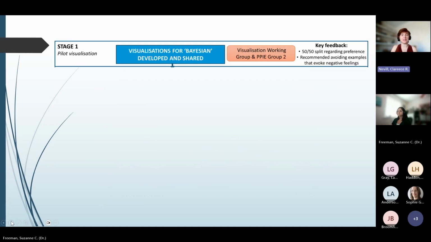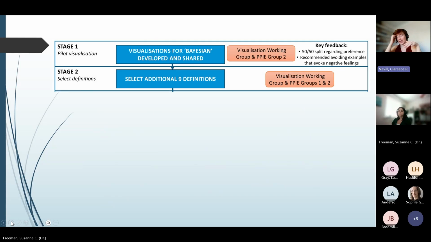We had very much the same methodology, so it's a very similar diagram of the stages. For the visualisations, we had one extra stage, which was this piloting stage, where we chose the term Bayesian and piloted a few, and I'll talk a bit more about that in a second.